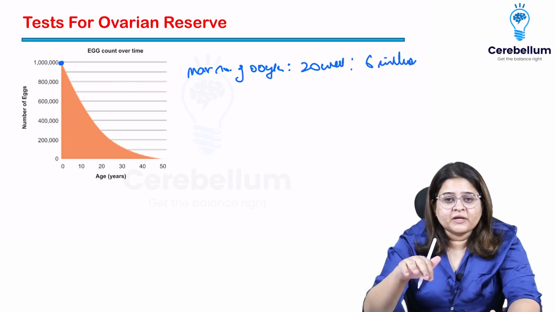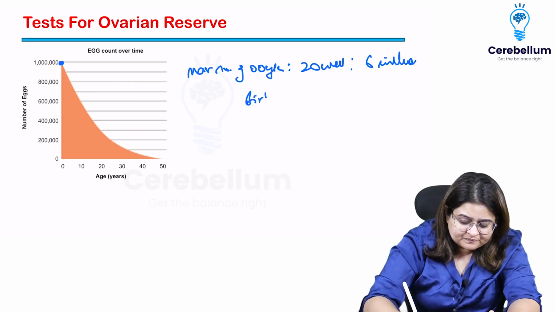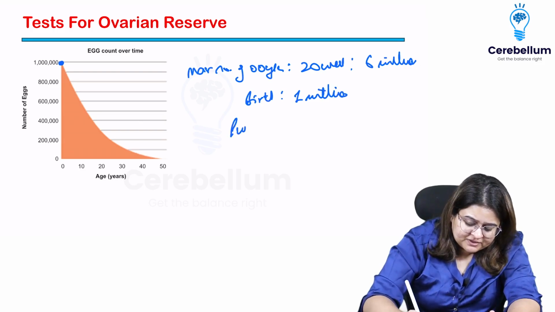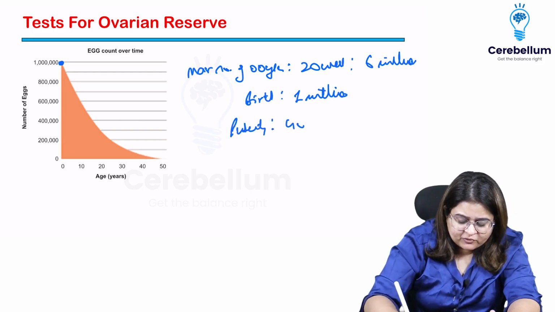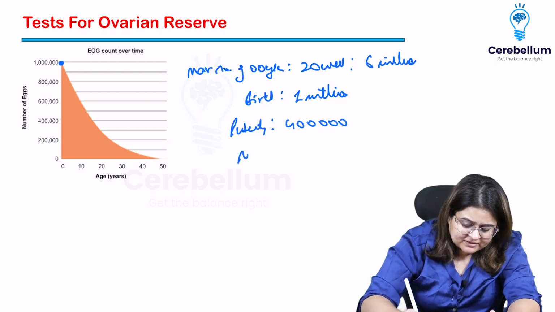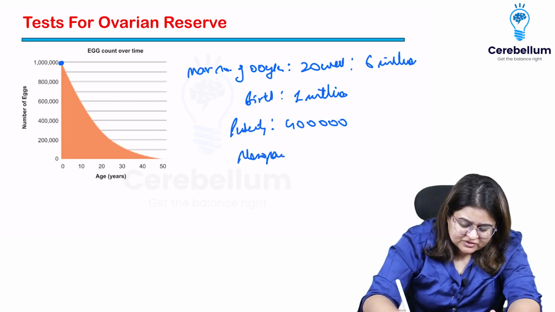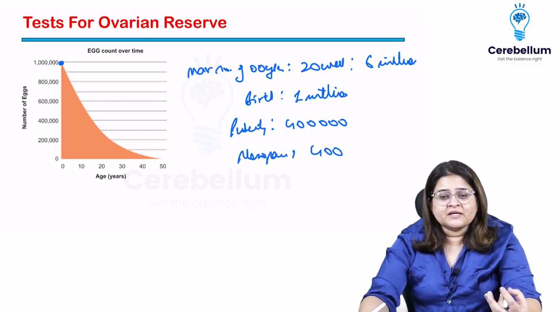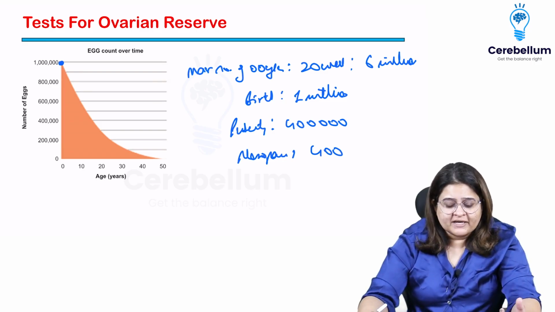They keep undergoing apoptosis, so at birth she is born with 1 million. At puberty, she is left with 400,000, and at menopause, she has only 400. That's how the ovaries keep getting depleted of oocytes.